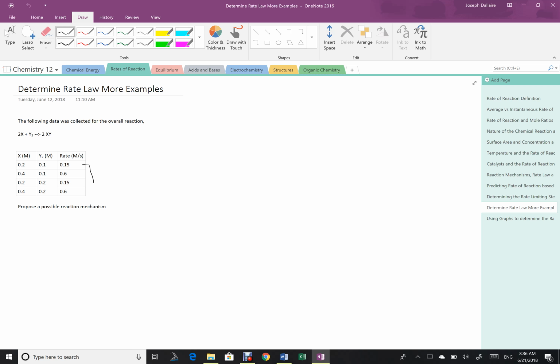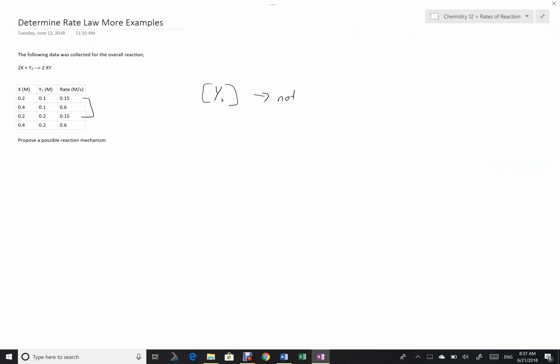So here, I can see that when I doubled the concentration of y2, the rate didn't change. So I would expect y2 is not showing any relationship to concentration, or a concentration change isn't showing any change in the rate, not affecting the reaction rate.